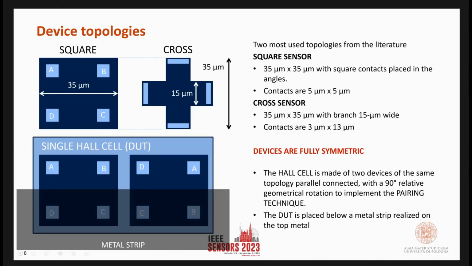In this work, when we talk about the device under test, the single cell is not a single device: a single sensor is made by two devices connected in parallel, with one of the two rotated 90 degrees geometrically with respect to the other. So, for instance, this contact A is connected to this contact A, B to B, and so on. This is the well-known pairing technique used to lower the offset.